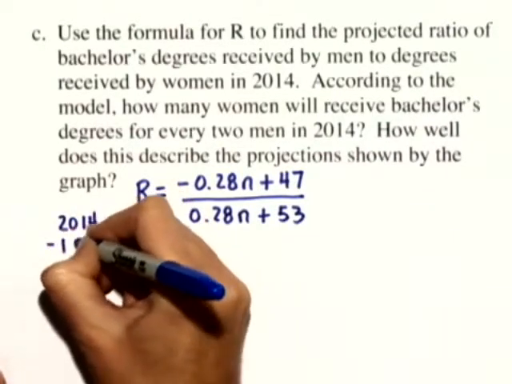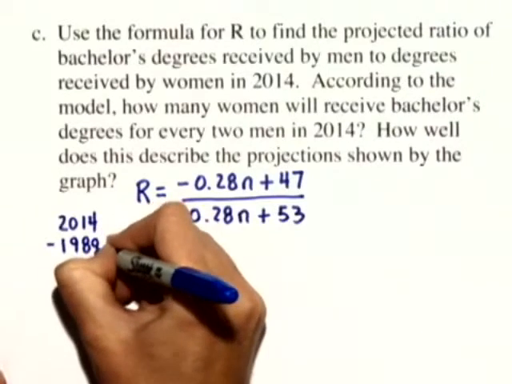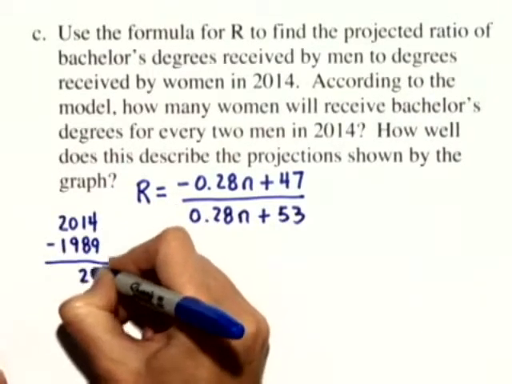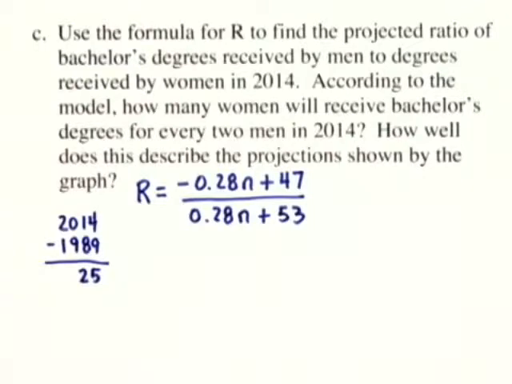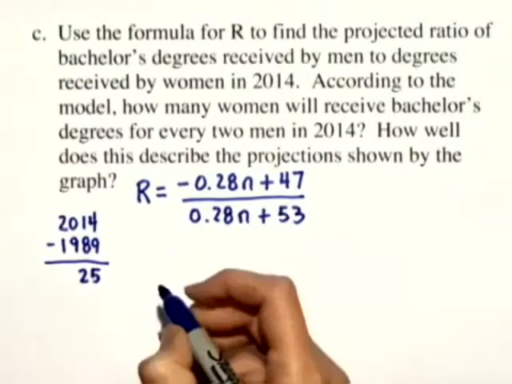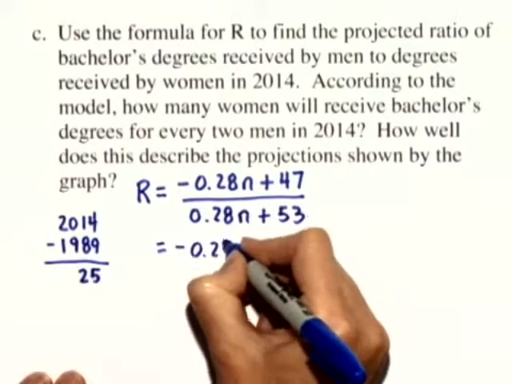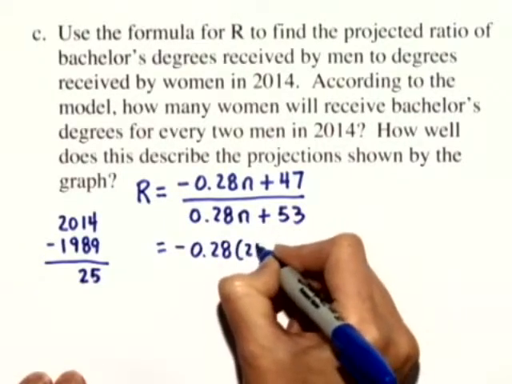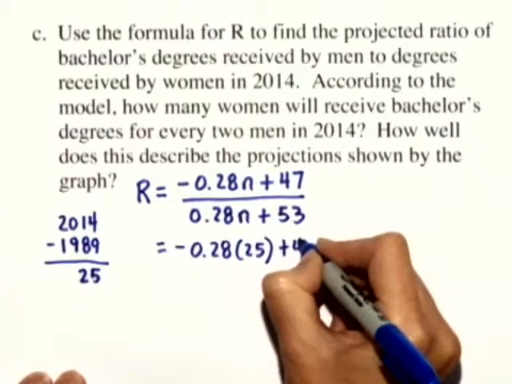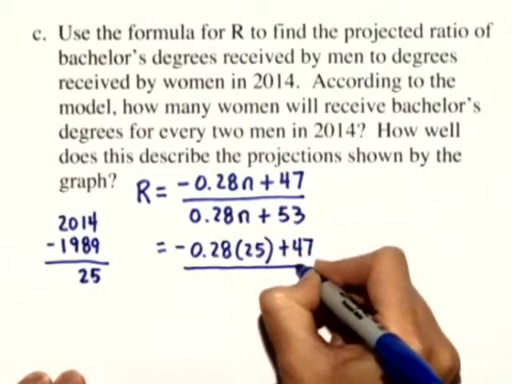If we subtract 1989 from that, we'll get a total of 25 years later. So in this case, n is equal to 25. We'll substitute in 25 for n, and we'll calculate this ratio.